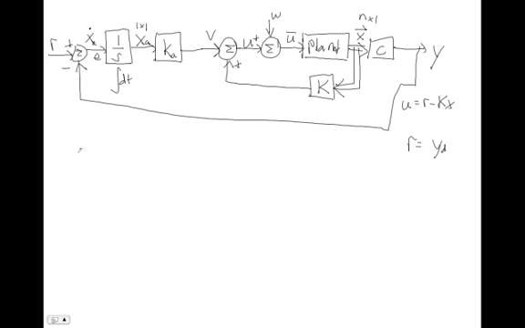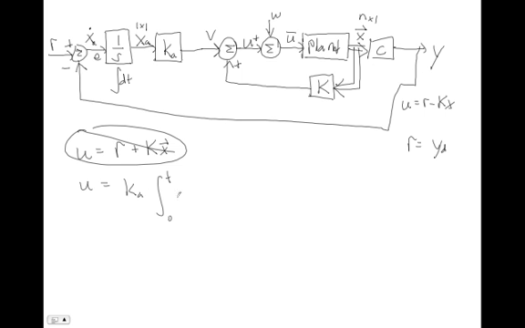So I'm going to summarize in some equations what we've drawn in this diagram here. So we have that U, which is our actual controller input, rather than being R plus KX, which is what we did in the last lecture. Rather than doing that, we're going to have some Ka times the time integral from 0 to whatever time we're currently at.